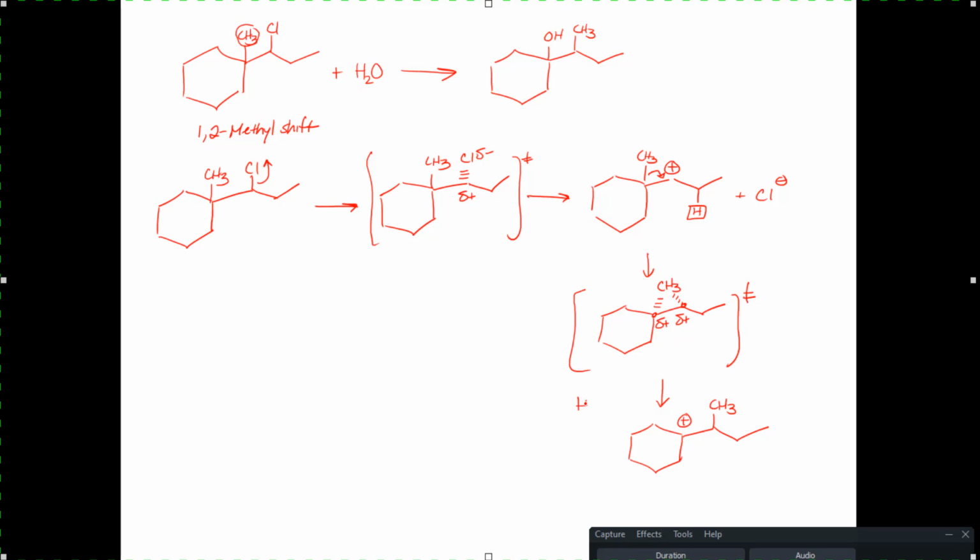And then the water would come in again and would add to the carbocation. So in that transition state, we would end up with a partial bond between the oxygen and the carbon. This carbon would be delta positive.